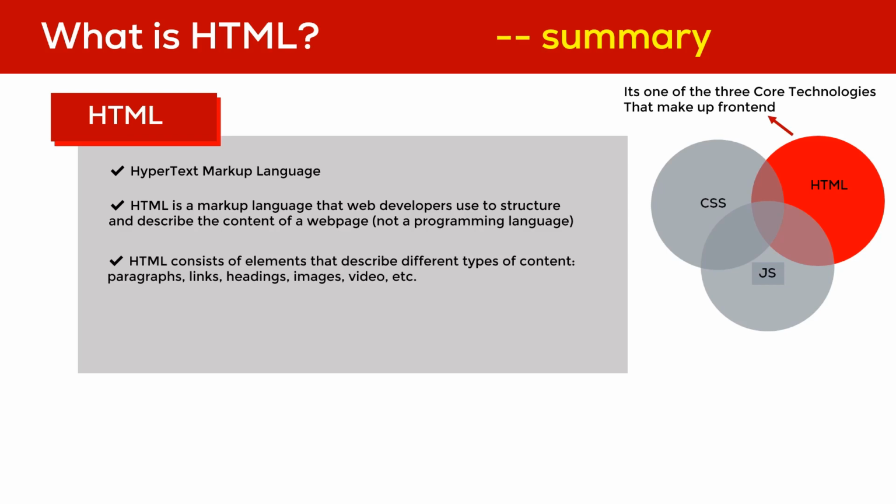It consists of elements that describe different types of content, like paragraphs, links, headings, images, videos, forms, and many other elements, as we are going to see throughout this course.